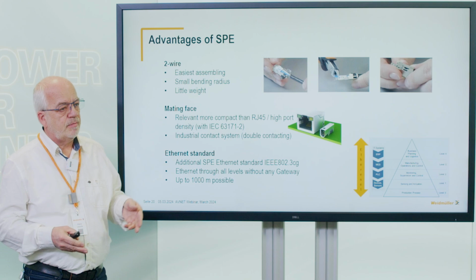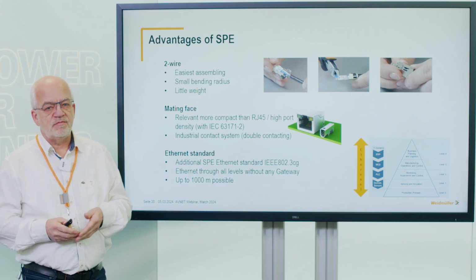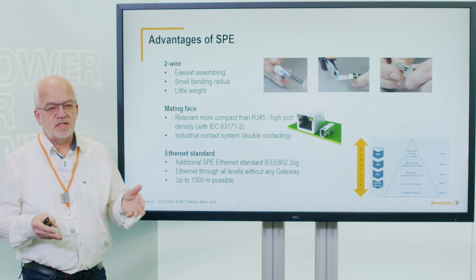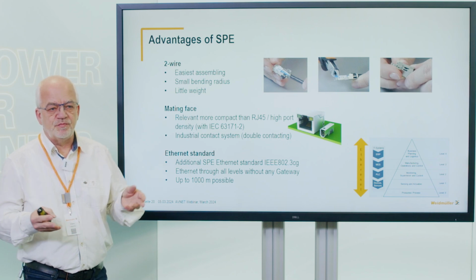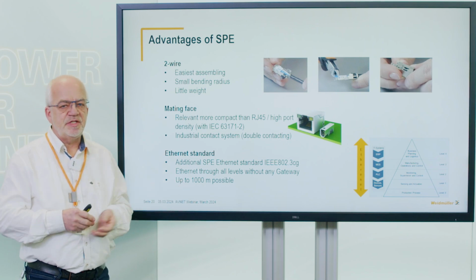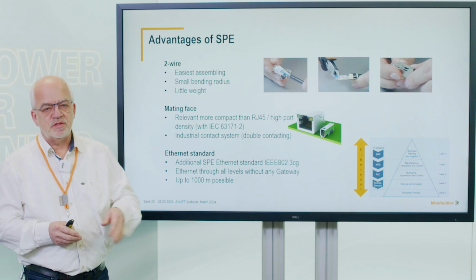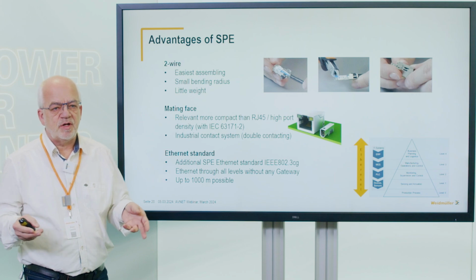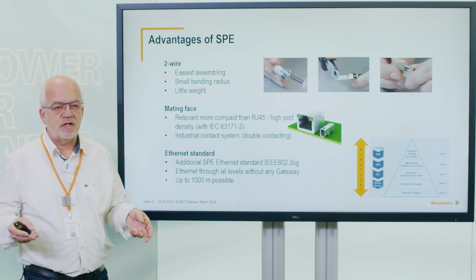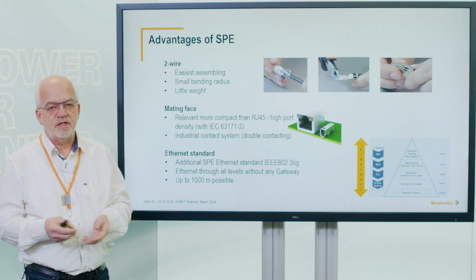Today you have standard Ethernet in the control level and upper levels for the PLCs and ERP systems and so on. And below, for the field level, you have field buses like CAN, Interbus, Profibus DP, RS interface, IO-Link and so on.